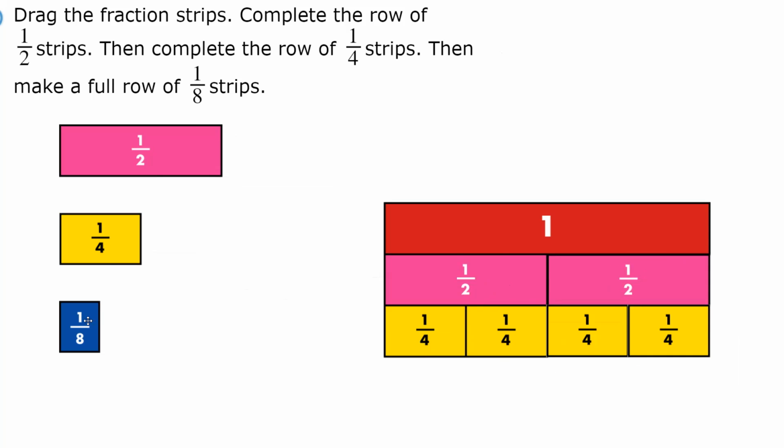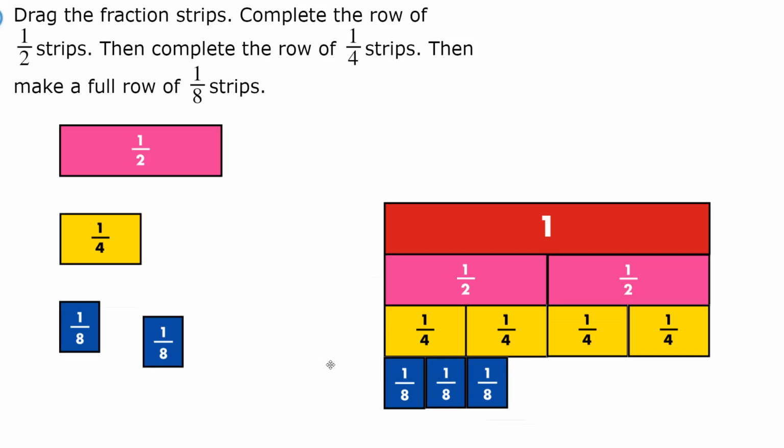Now for the 1/8 size pieces, we know from looking at our denominator that we need a total of 8 pieces to make a whole. So to make a whole, we need 8 out of the 8 pieces. So here's 1, 2. Now you can see that 2/8 is the same thing as 1/4. 3, 4.